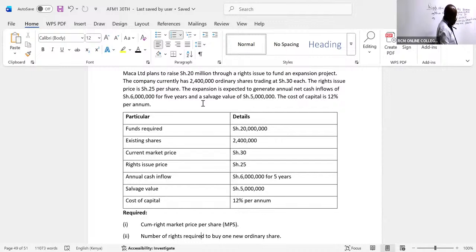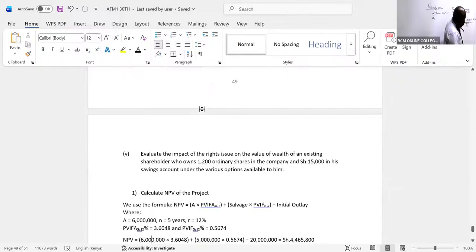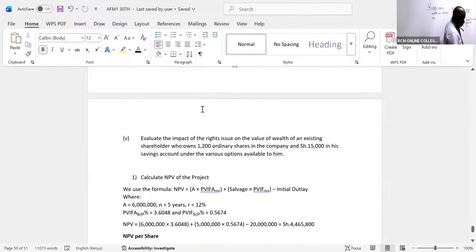Then we have a cost of capital of 12%. So let me know once you guys are able to copy that.